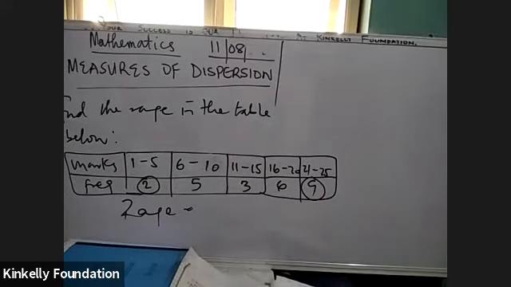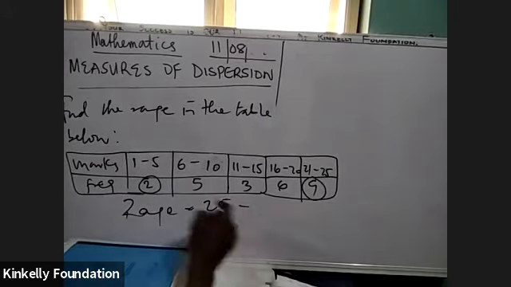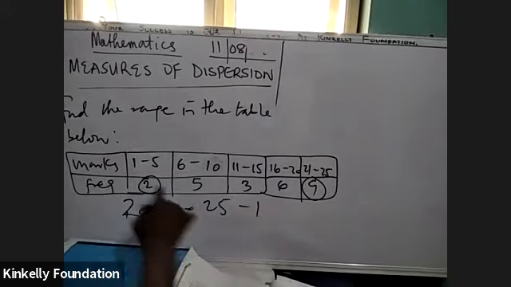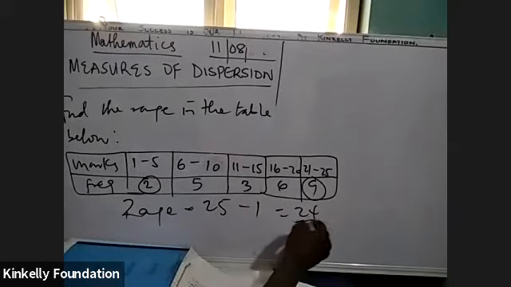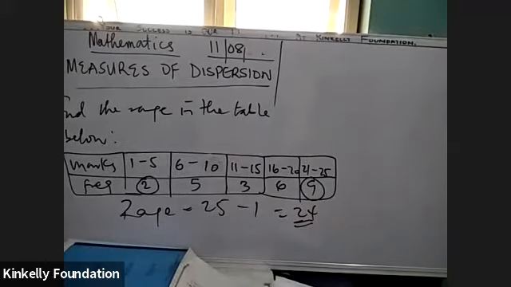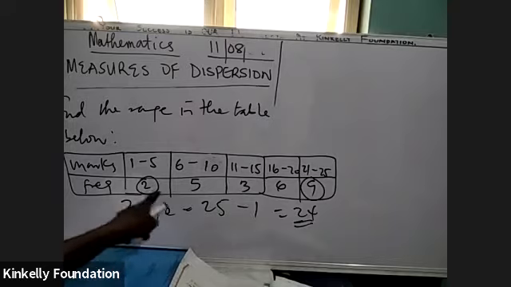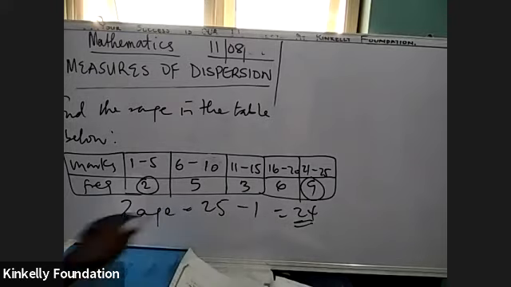So the range is 35 minus 1 to give us 24. This is not about subtracting frequencies.